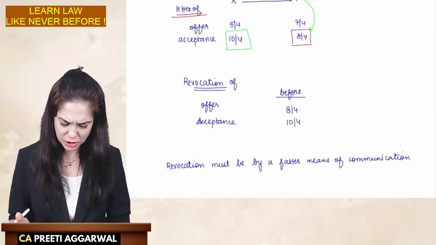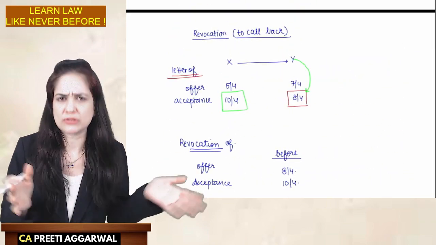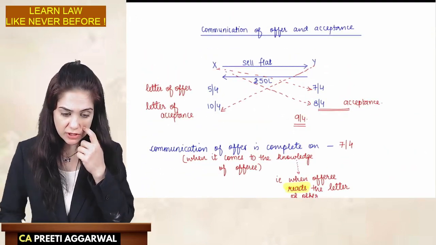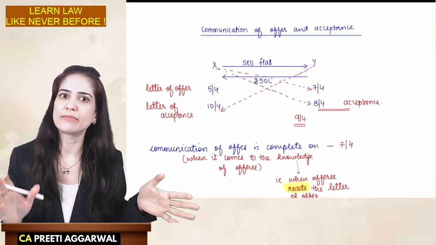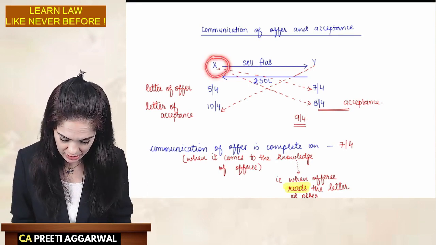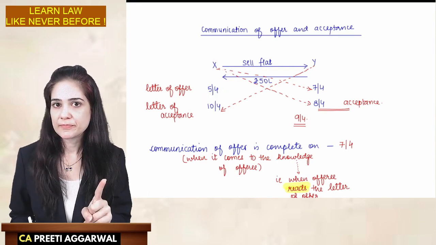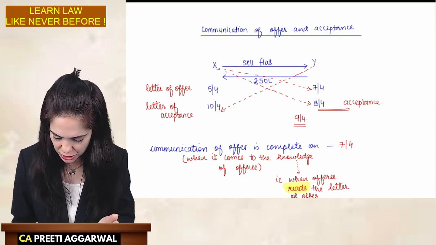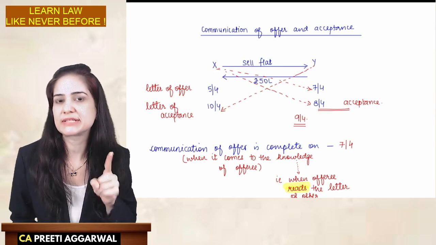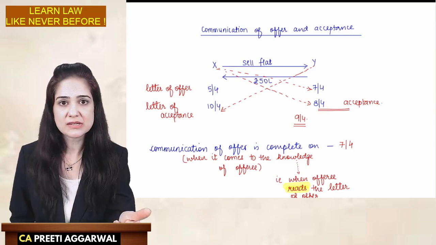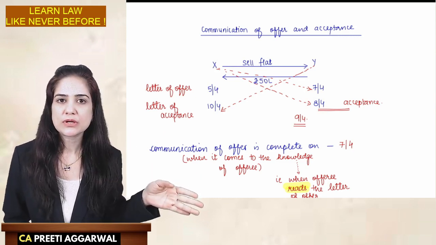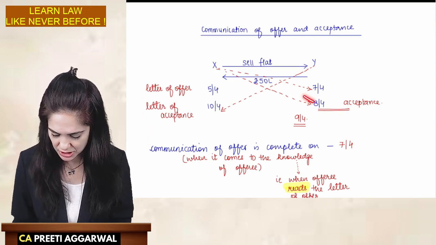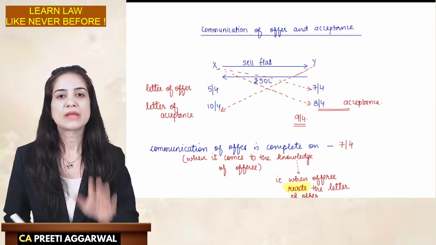Now, let's say the communication is taking place via letters, and if you revoke via letter, again it is going to be very time consuming. See, X, you have already posted your letter. Then you realize that you want to revoke. Your revocation should reach before Y posts his acceptance. Act fast. Don't use regular post. Revocation must be by a faster means of communication so that it reaches before 8th April.